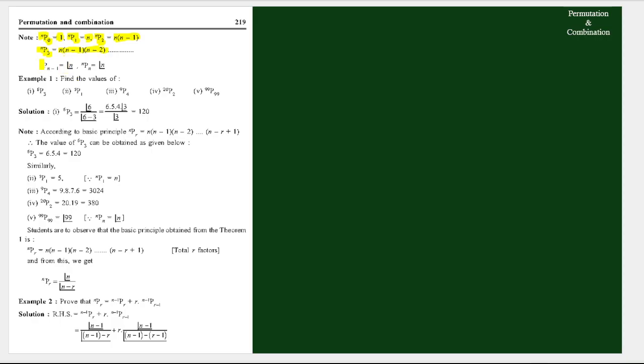So n minus 1, n से एक कम, that will be equal to factorial n. nPn is equal to factorial n. So this is the same thing, okay? nPn and nP(n minus 1), both are factorial n. So write it in your notebook.